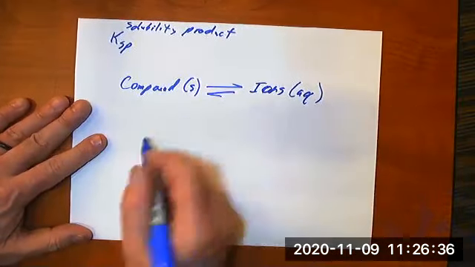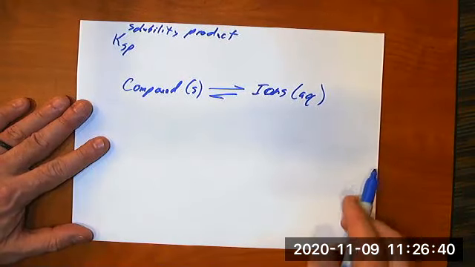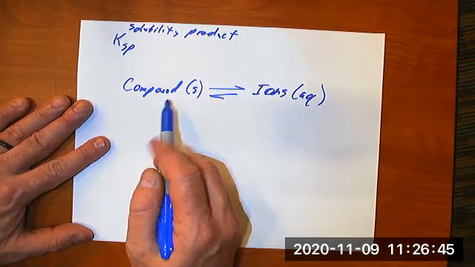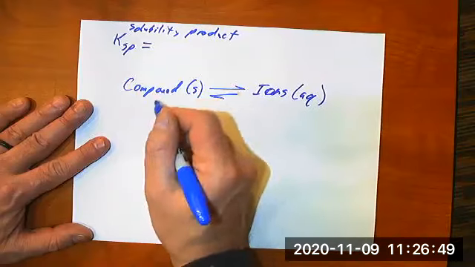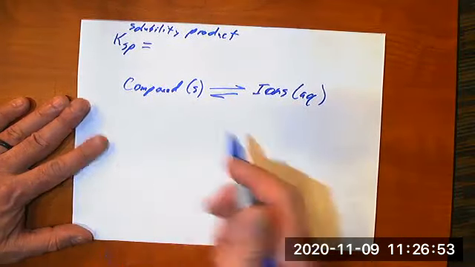And so this is called a solubility product because the thing on the left doesn't enter into the equilibrium expression.